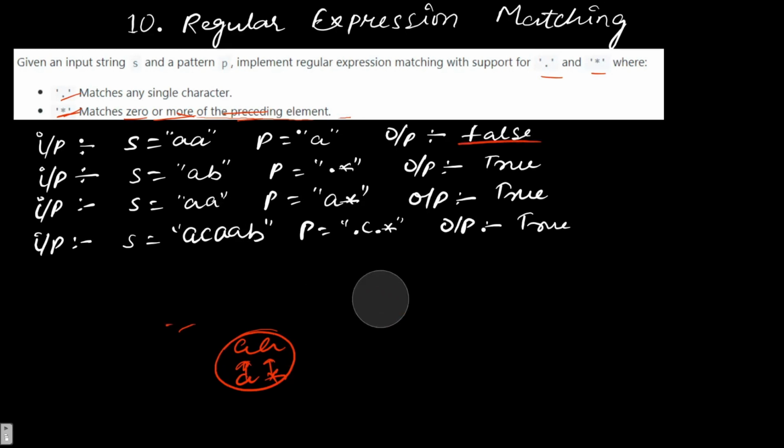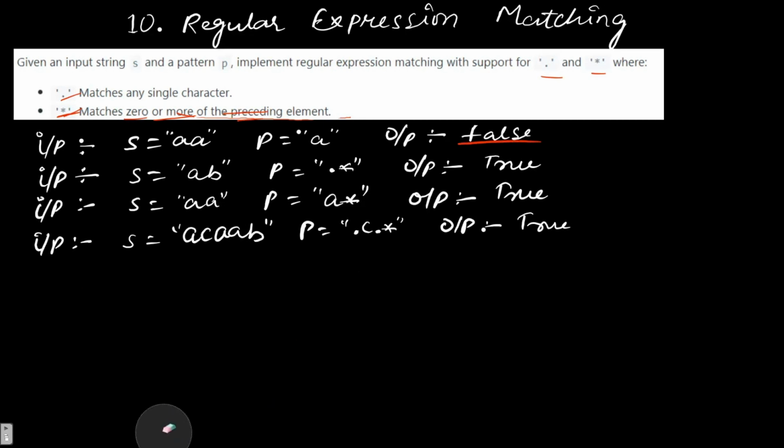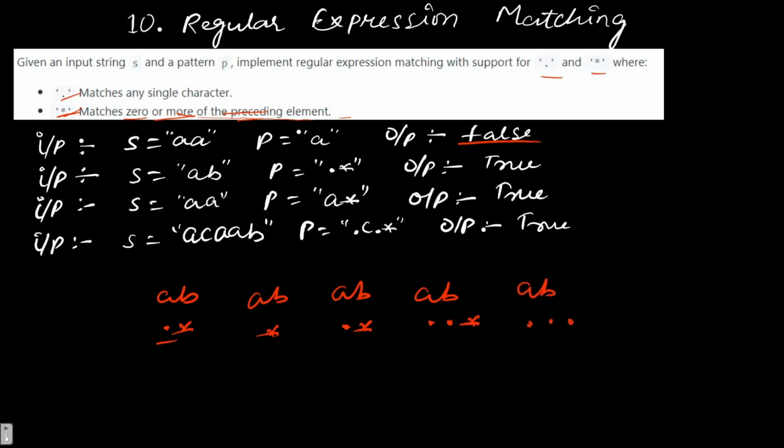Moving towards input 2. In input 2 we are given s equal to ab and p equal to dot star. Star means zero or more of the preceding element. For star the preceding element is dot, so the pattern can be empty, or dot, or dot dot, and so on.